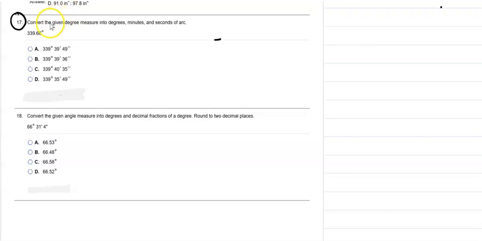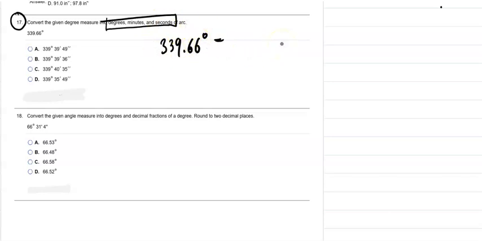Question 17. Convert the given degree measure into degrees, minutes, and seconds. So degree, minute, and second of arc. You have to convert 339.66 degrees to degrees, minutes, and seconds. So you have to find how many degrees, how many minutes, and how many seconds.